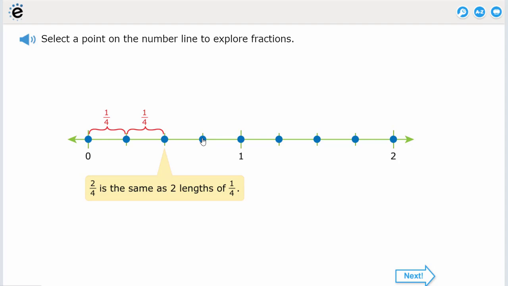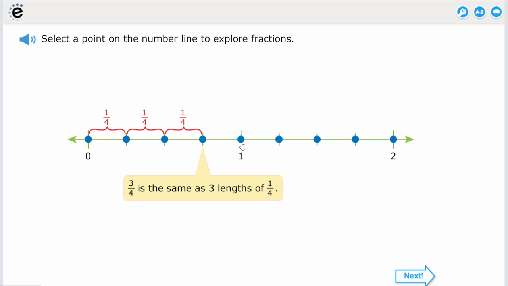The next one should be 3/4. 3/4 is the same as 3 lengths of 1/4.